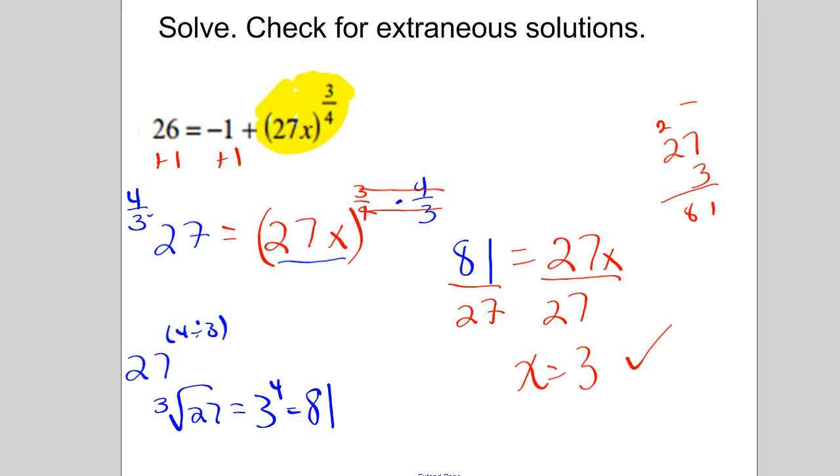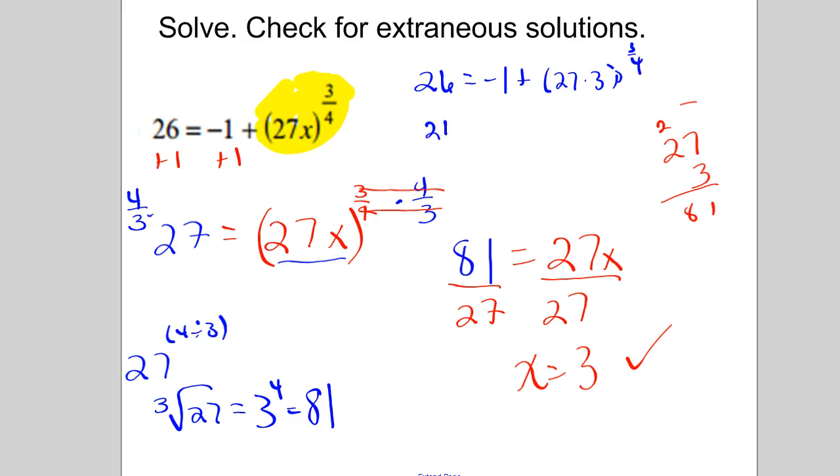How can I check to see if this is an extraneous solution? I would plug x equals 3 back in. Does 26 equal negative 1 plus 27 times 3 to the 4/3 power? I'm sorry, to the 3/4 power.